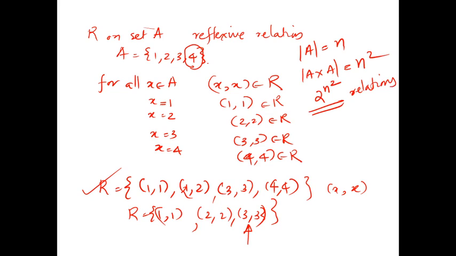If I am considering reflexive relations, all of you please note that some type of objective questions may be asked like this: the total number of reflexive relations will be 2 power n square minus n. This is an important result.